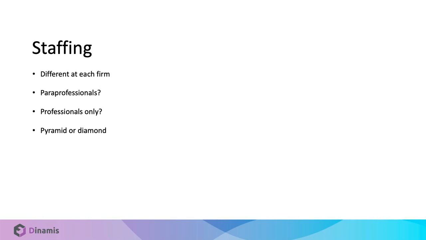In the DC market, a CPA or CPA track candidate with 2 years of experience is going to command a salary of between $80,000 and $85,000 a year plus benefits. So that's a very expensive person to do accounts payable and accounts receivable, but that's how some firms deploy and staff their teams.